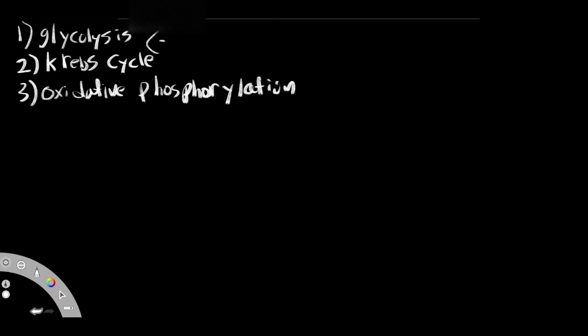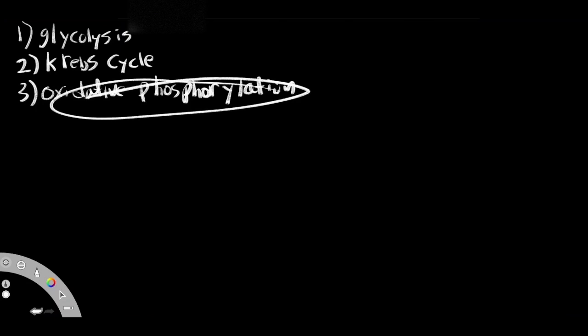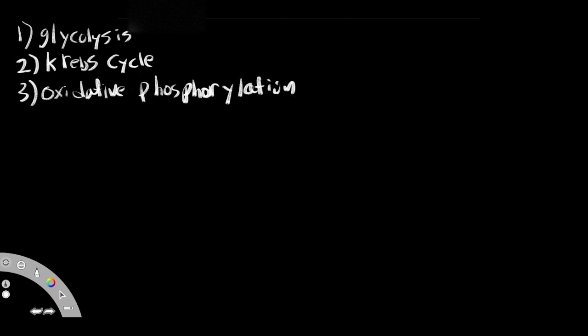We're looking at glycolysis right now. Just for you to know, oxidative phosphorylation is constituted of two phases. The first phase is going to be our electron transport chain, and the second step within oxidative phosphorylation is ATP synthase.